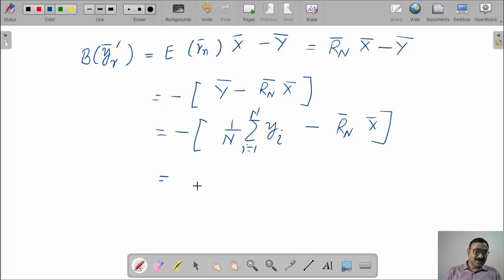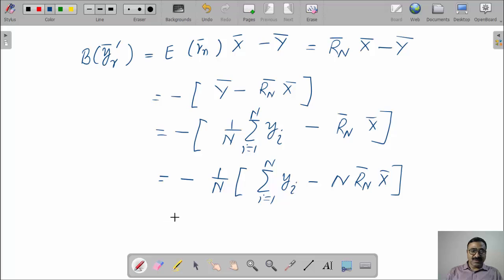So that is equal to minus 1 by n, taking common, summation i equal to 1 to n y_i minus n R_n bar x bar.